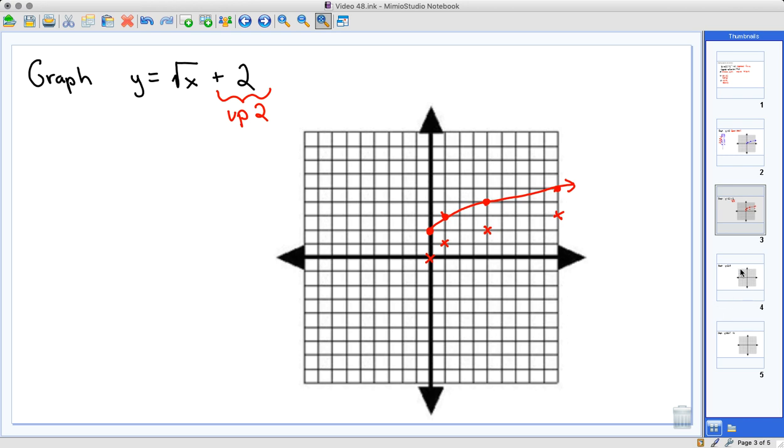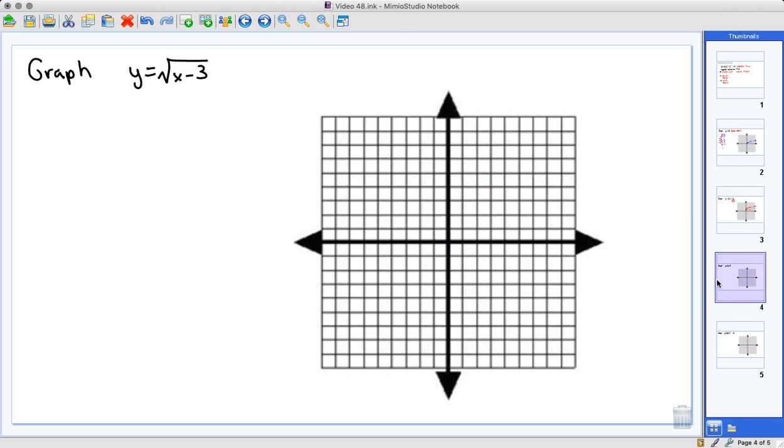Okay. All right, next one. This time is a different transformation. So my minus 3 is underneath my square root. Okay, so that's my h value. So remember when I told you if it's a minus in here, that means we're going to move to the right 3.